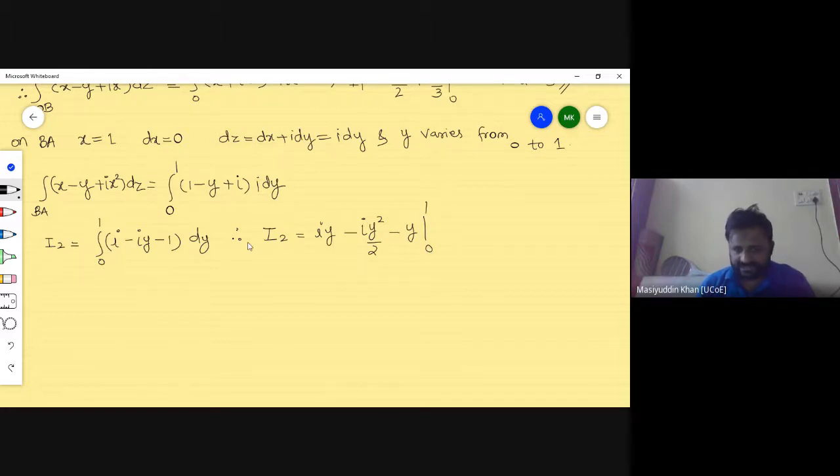Substituting the upper limit, it becomes i minus i by 2 minus 1. Therefore at the end, if I simplify this part, I get I2 is equal to 2i minus i, that is i by 2 minus 1.